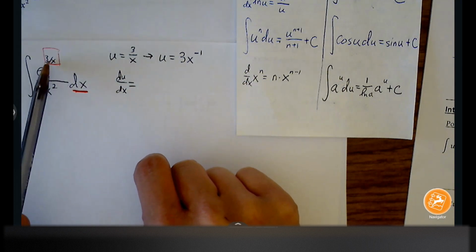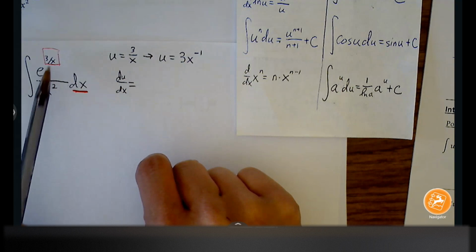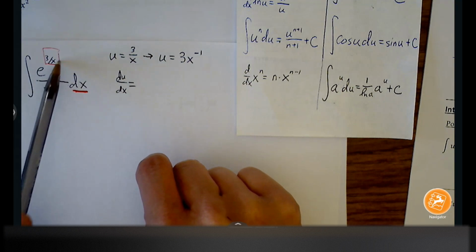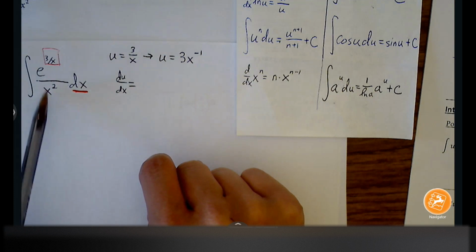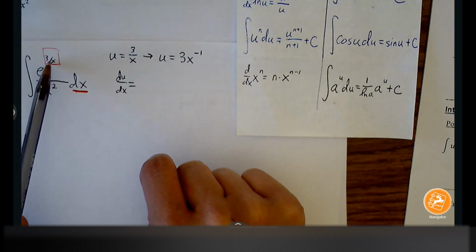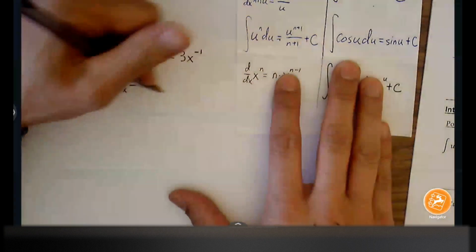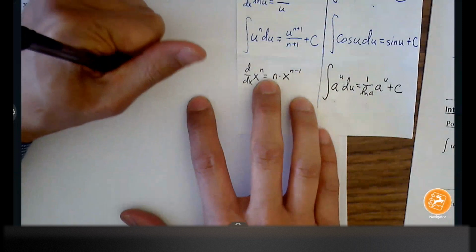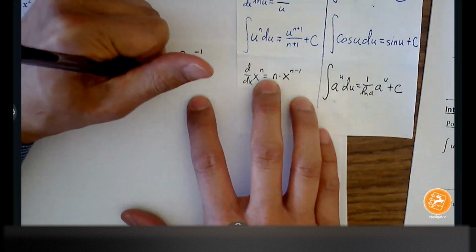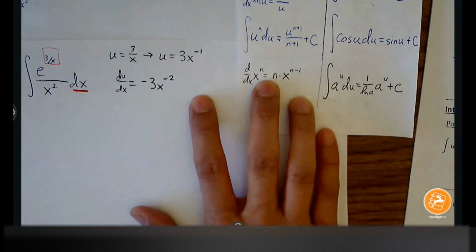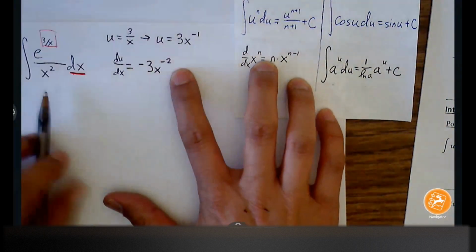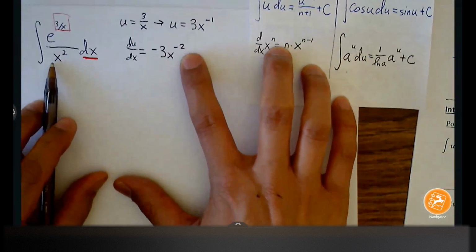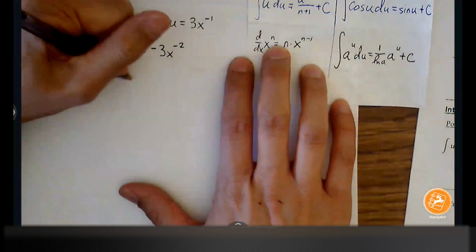But the fact that it's in the denominator, and we got to bring it up, and that -1 exponent turns to -2, we can see how this derivative is going to pair up with this, right? It's able to do that now. -3x to the -2. Okay, we still got to go through a little bit of cleanup process, but at least we have something that's a good sign.